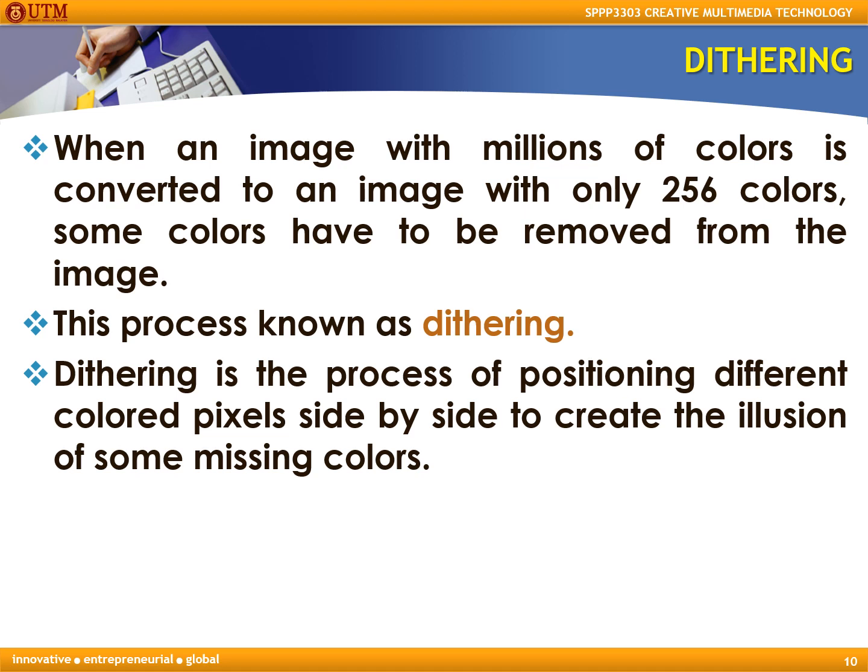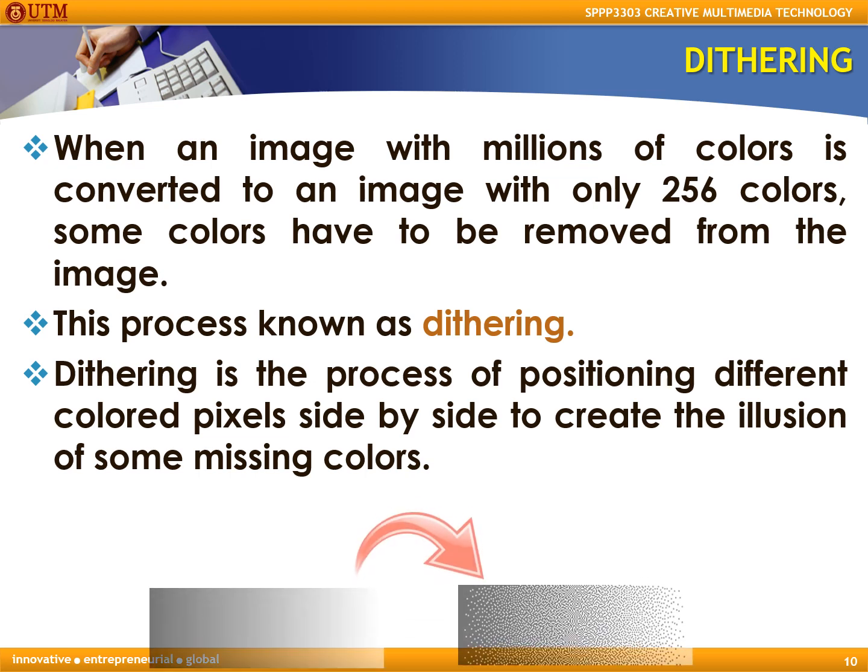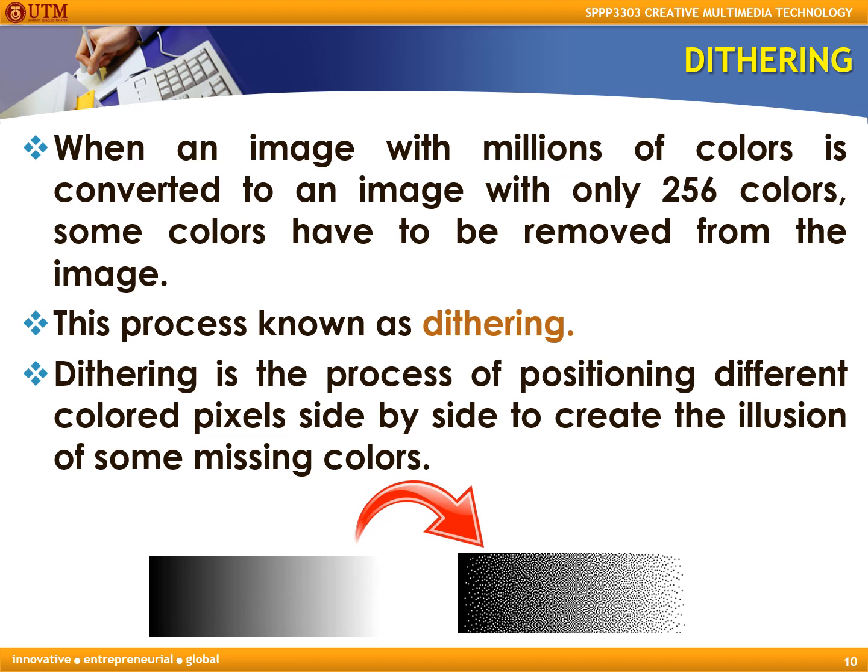This process is like repositioning pixels of different colors side by side to create the illusion of some missing colors. And here happens the blurring, or the difference in quality.